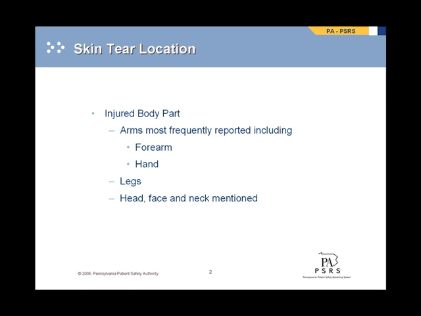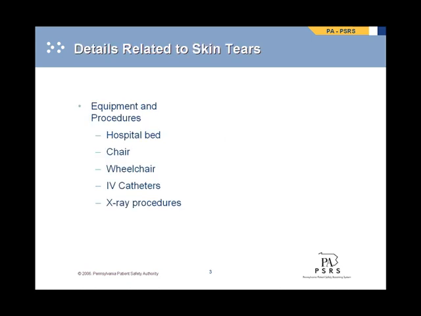So far, we've looked at skin tear risk related to patient characteristics and body part. Equipment and procedures also have associated risks. The hospital bed is implicated in skin tears in the PACERS database more than any other equipment or furnishing, followed by chair and wheelchair.